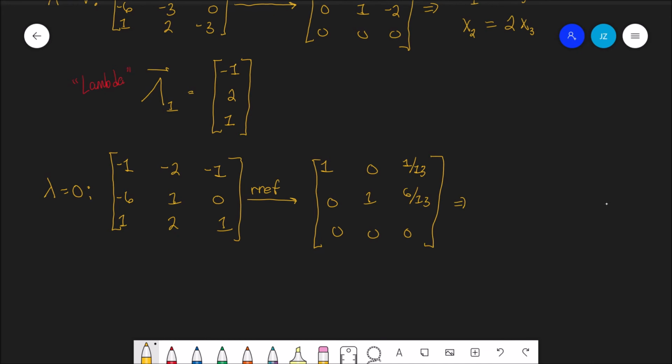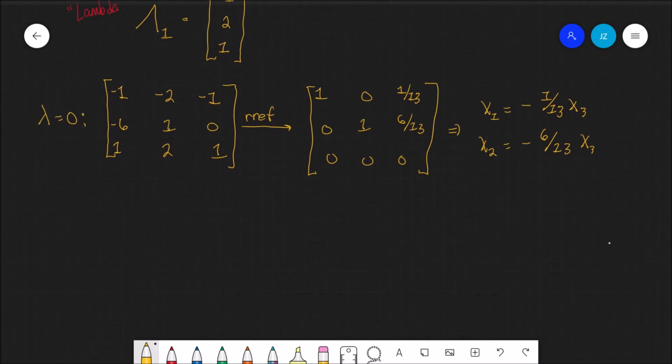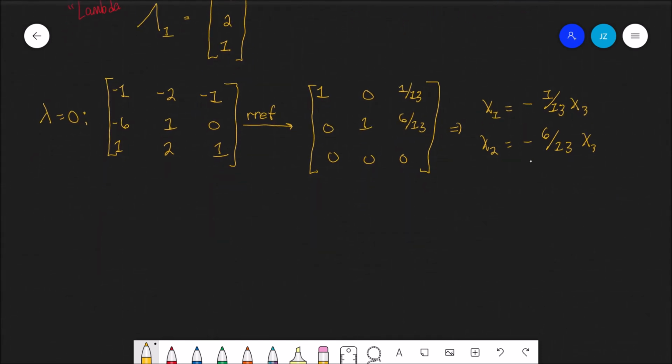Which will give the system x1 is equal to negative 1/13, x2 is equal to negative 6 over 13. Again, each one times x3. So x3 can be any value we want. For convenience, let's get rid of the fractions. We'll make x3 negative 13. And so lambda 2 will be 1, 6, negative 13.